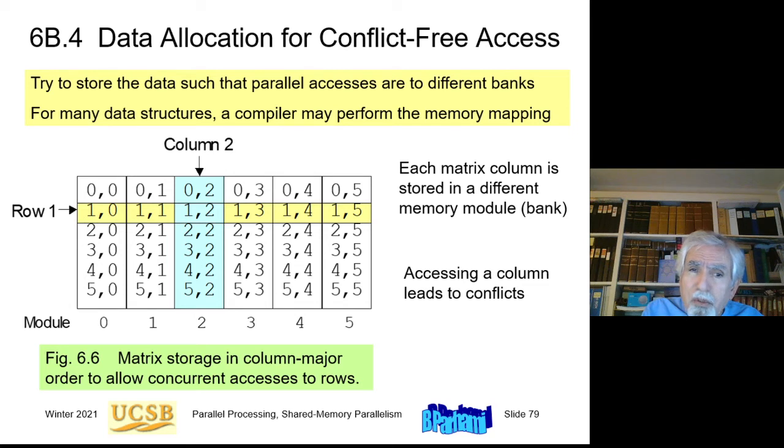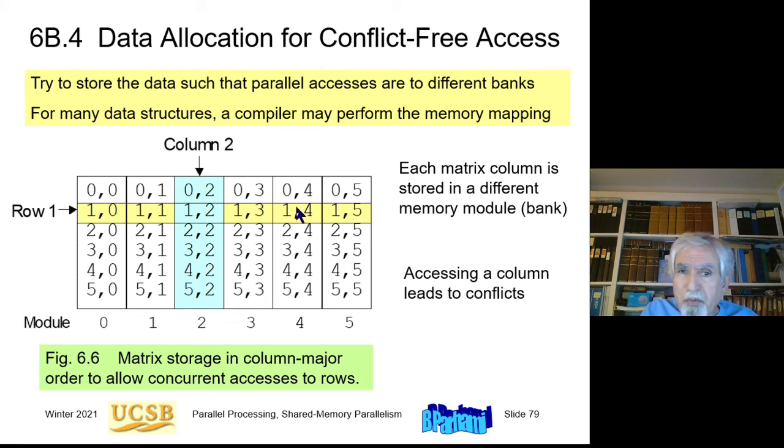So if I store this particular matrix so that its column 0 is in memory module or memory bank 0, column 1 is in memory bank 1, and so on, anytime I want to access a row of this matrix, the elements that I have to access are located in different banks, and therefore I can access them concurrently.